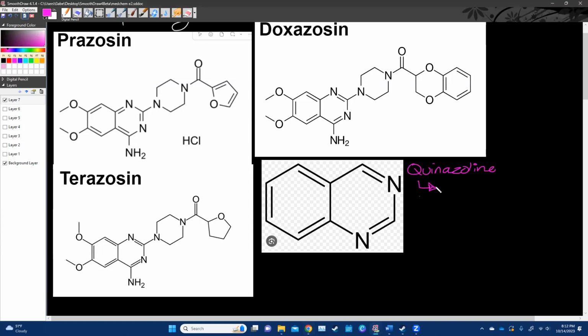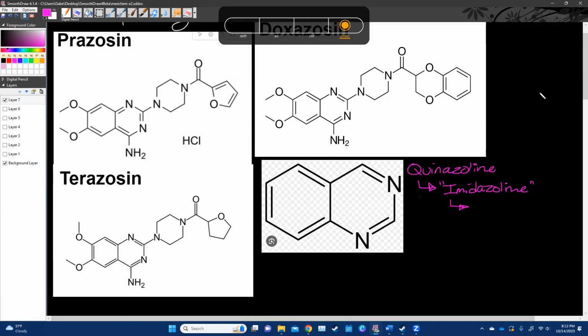If we look at quinazoline, it's essentially like a kind of imidazoline, which is what enables our alpha 1 selectivity, or sorry, alpha selectivity.